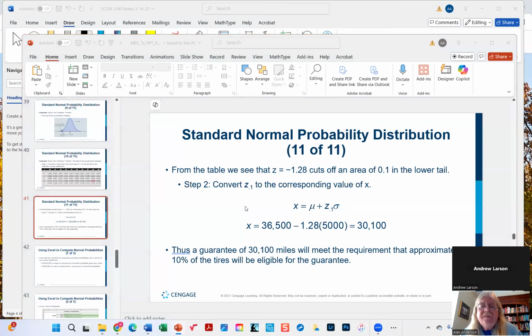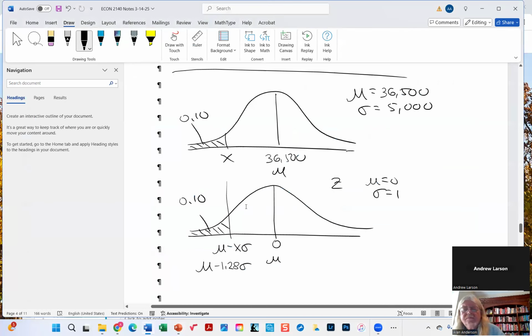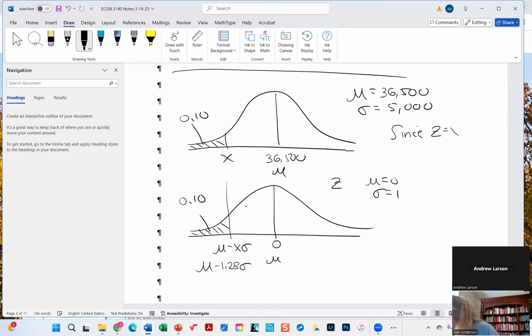They're saying that if Z equals X minus mu over sigma, algebraically, that implies that X equals sigma Z plus mu.